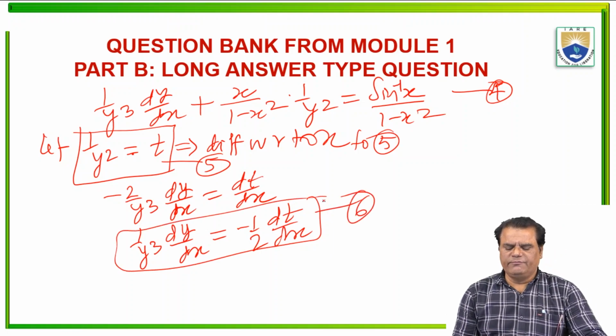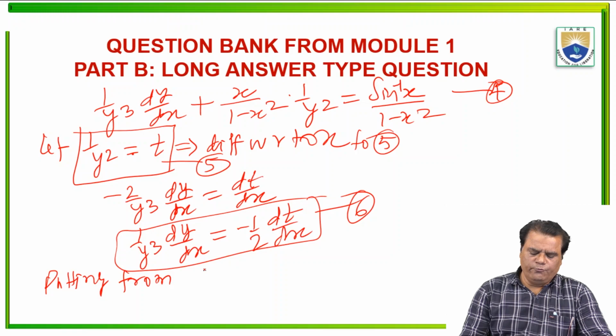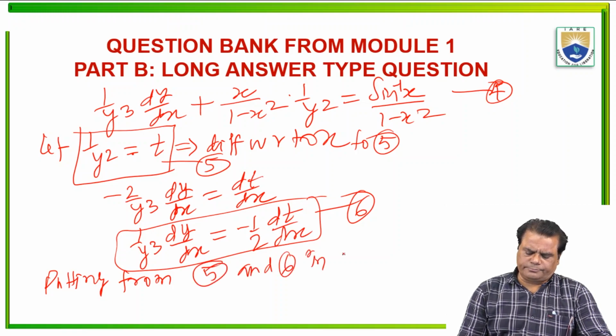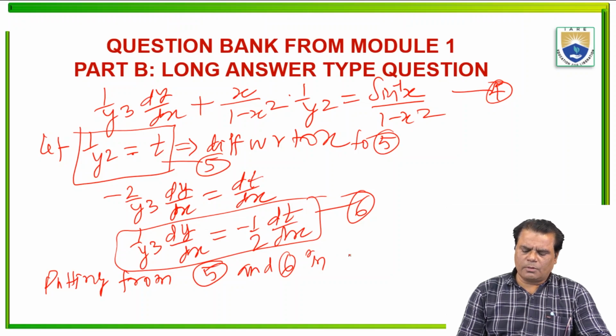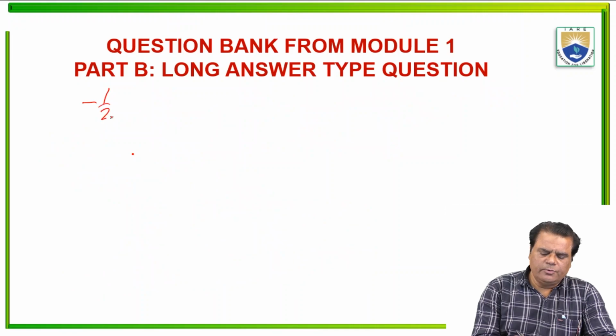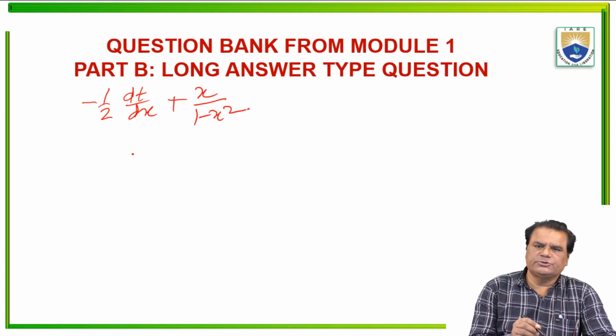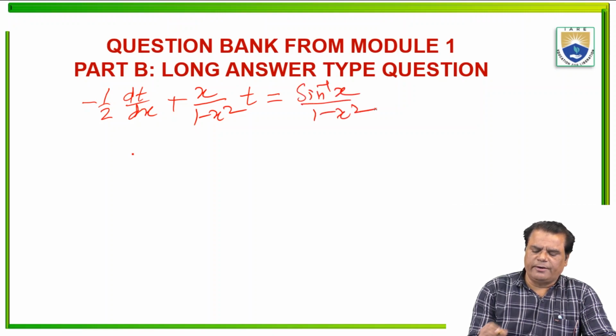Putting this in equation 1, putting from 5 and 6 in 4. So here minus 1 upon 2 dt over dx plus x upon 1 minus x square into t equal to sine inverse x upon 1 minus x square.